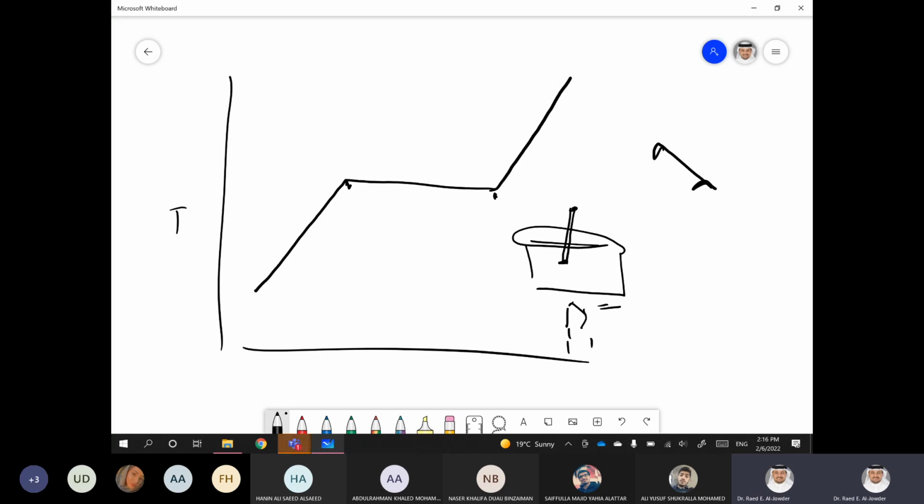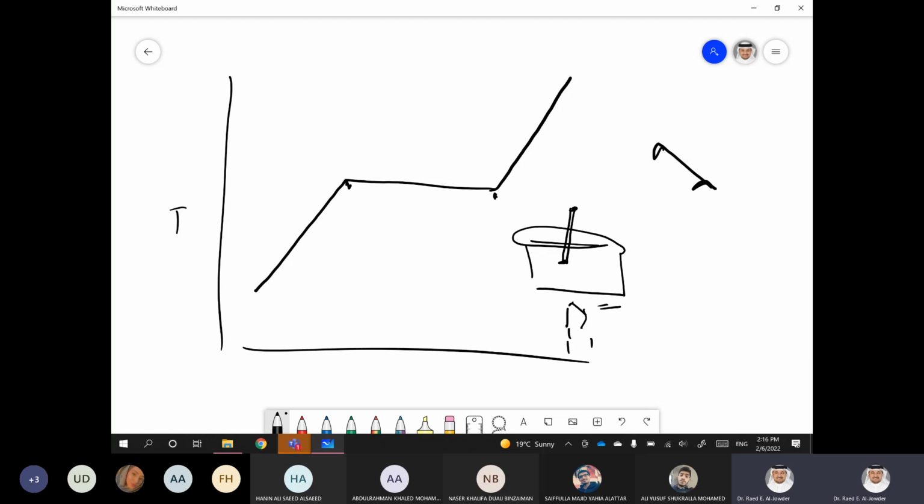Then the vapor starts forming and the temperature will start increasing. So in the saturated state, the temperature between the inlet steam and the outlet steam will be more or less constant. There is no big change in temperature.